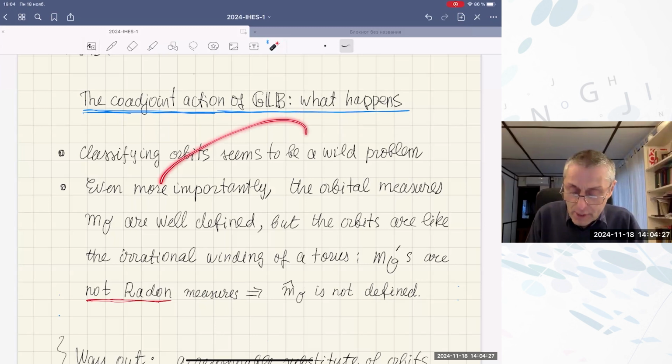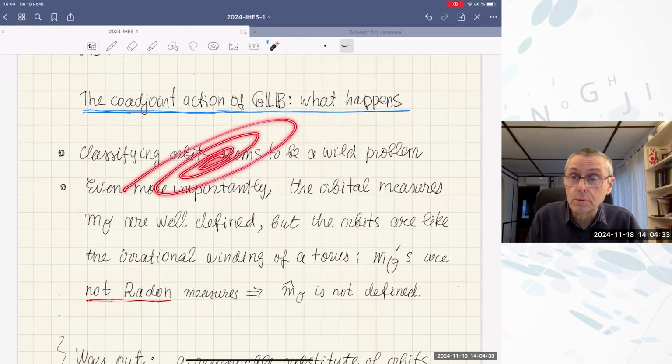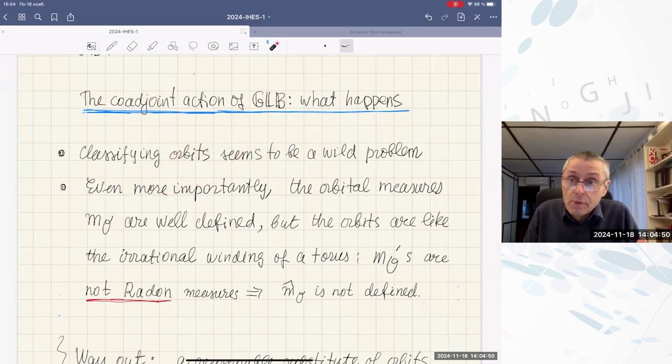But if you have a winding, for instance, we can immerse the real line into the torus. We can transfer the Lebesgue measure on the torus. But this is a bad object. It is not a Radon measure. It's impossible to treat it as a distribution, as a generalized function. It's impossible. So we have an obstacle to applying directly the Kirillov orbit method.